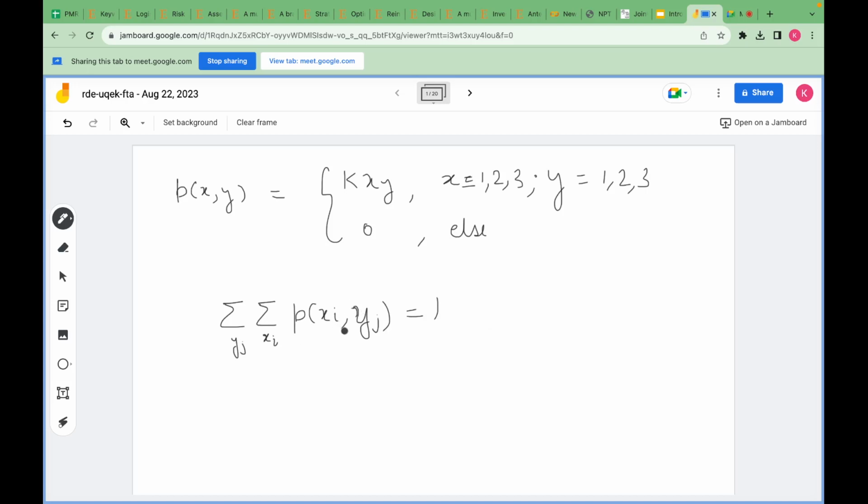So x is taking values from 1 to 3 and y is also taking values from 1 to 3.